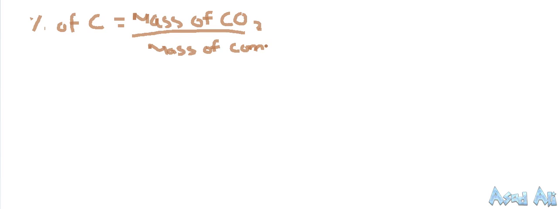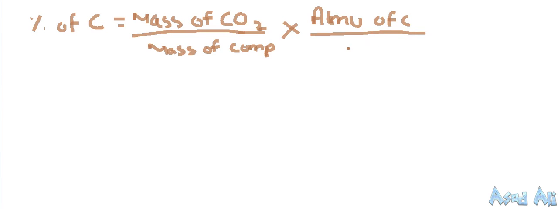I will write it as COMP, and then multiplied by atomic mass, I will write AMU, of carbon divided by molecular mass of CO2.